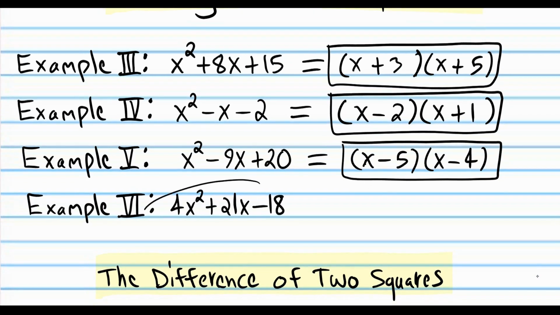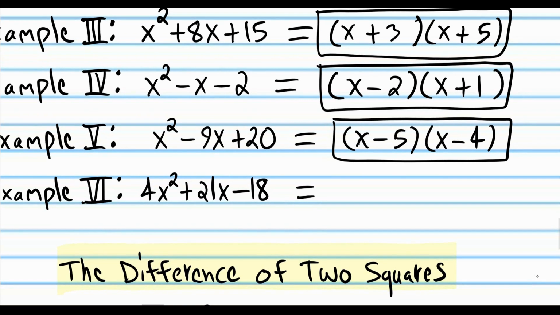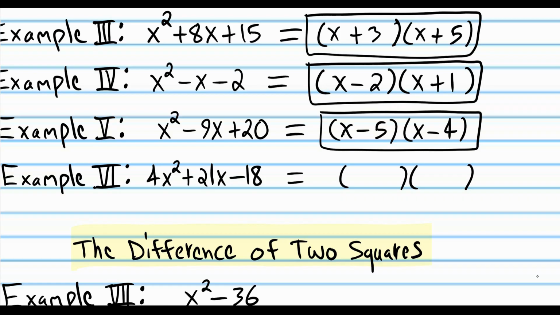Now, we're not going to see many problems like this today because I don't want to bother you with those. But these are different because we have a coefficient on the x squared term. So this is a little bit more involved. And instead of x and x, we can have 2x and 2x, because 2x times 2x is 4x squared.